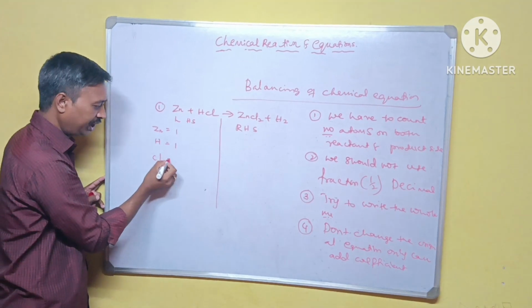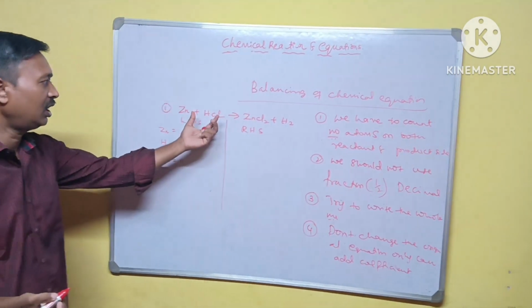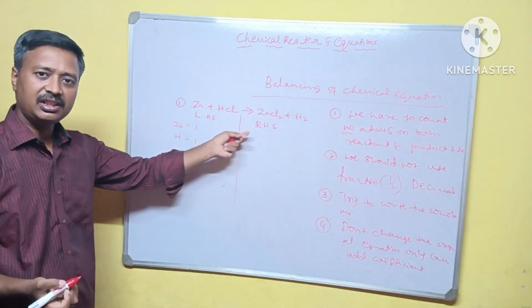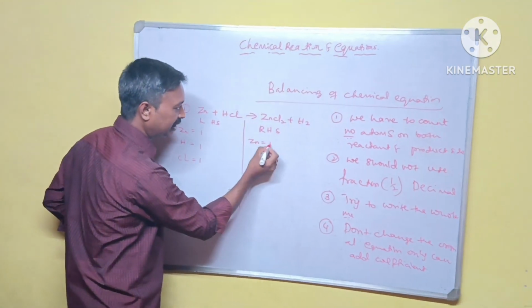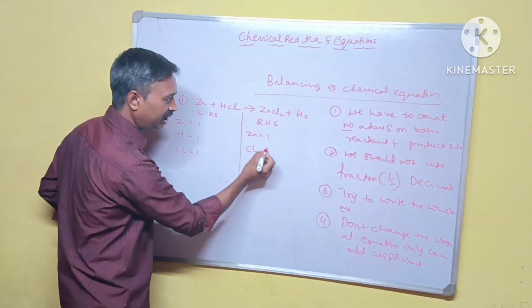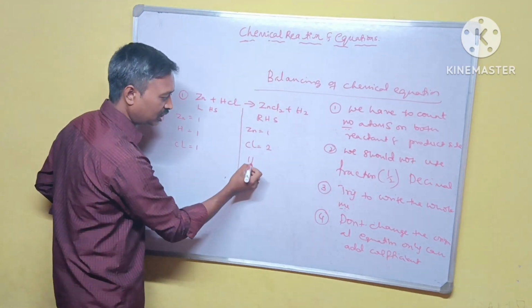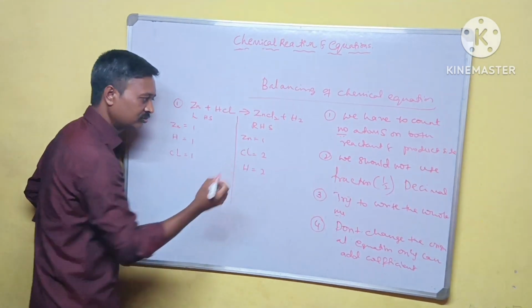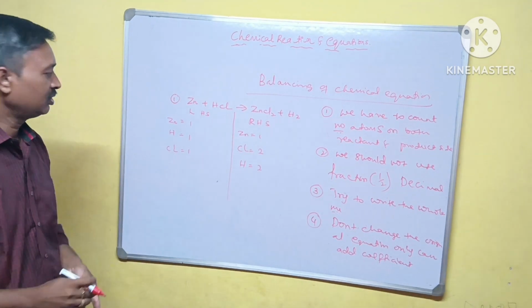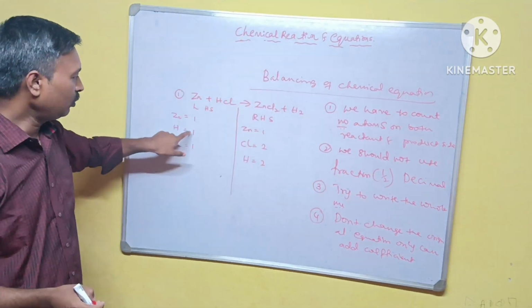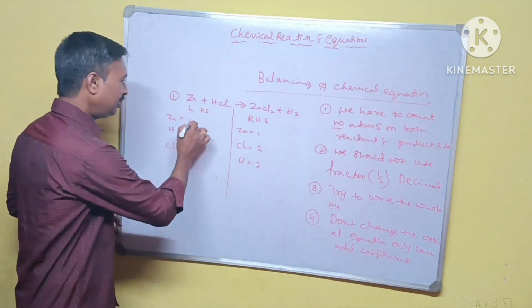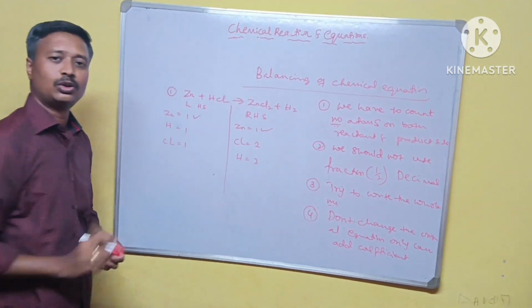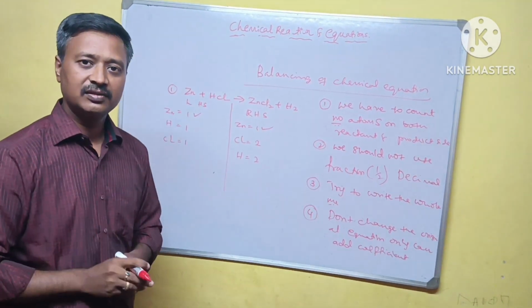How many chlorine? 1. On the product side, Zn is 1, chlorine is 2, hydrogen is 2. Is it balanced? Here 1, 1, 1; there 1, 2, 2. Zn is balanced, no need of changing.